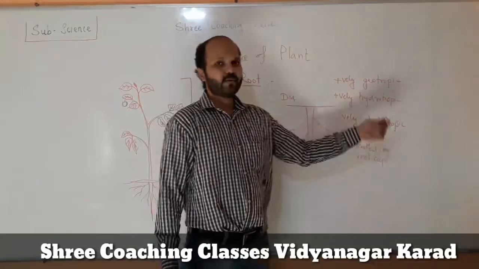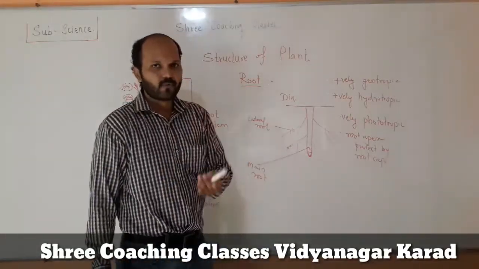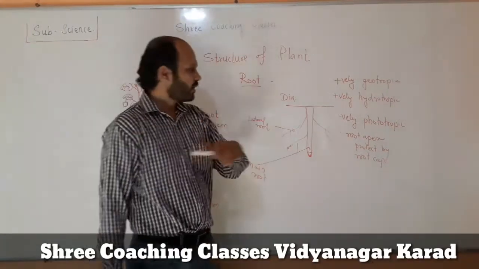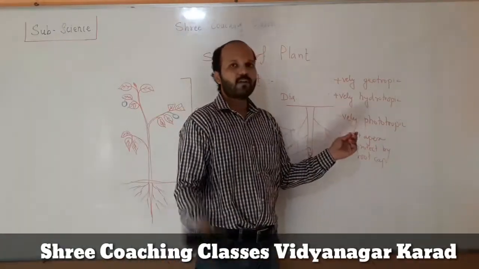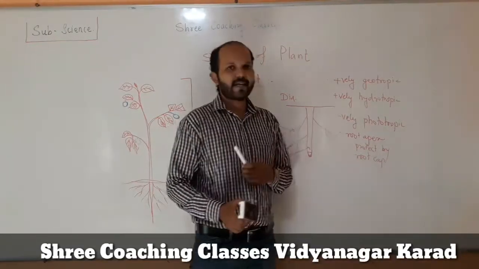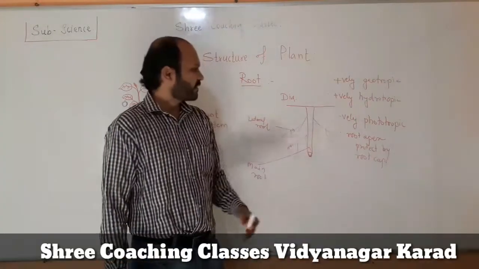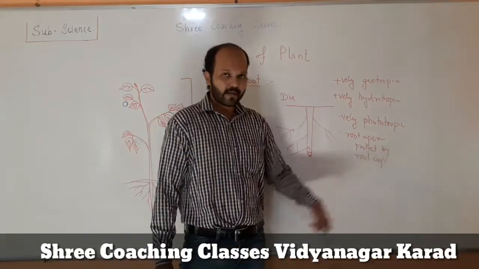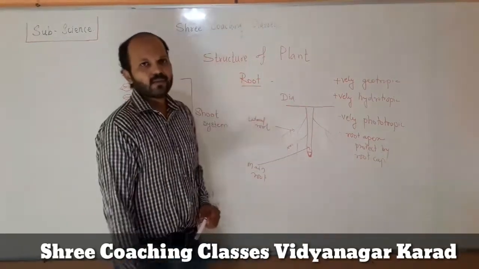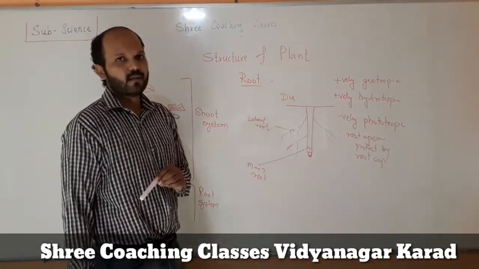Roots are negatively phototropic, means they develop under the ground, and photo means light, which is present above the ground. So they do not develop above the ground. The root portion is protected by the root cap. So these are the common characteristics of roots.